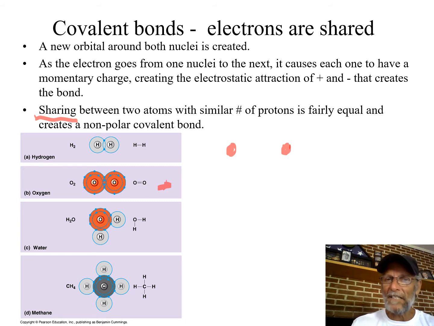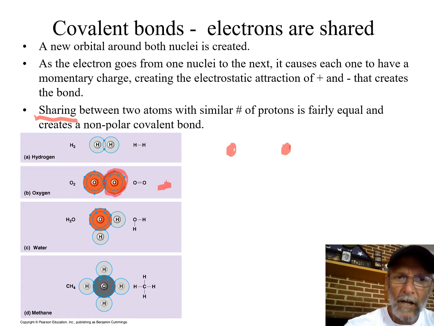And so what happens is it's almost like they agree to share. Because if one of these oxygens will let the other one borrow 2 of its for a little while, those 2 travel around there for a little while, along with the 6 that this one has. 6 plus 2 is 8. But sharing goes both ways.